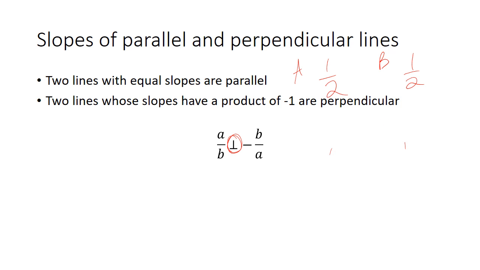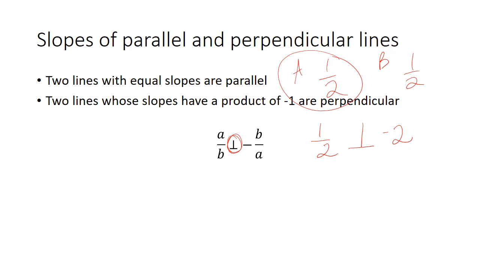Let's look at an example of perpendicular slopes in numbers. So let's go back to our A is 1/2. If we have a slope of 1/2, what would the slope need to be in order for it to be perpendicular? Well, I'm going to flip these two and put a negative out in front of it. So it'd be -2 over 1. The other way you could write -2 over 1 would just be to say -2.